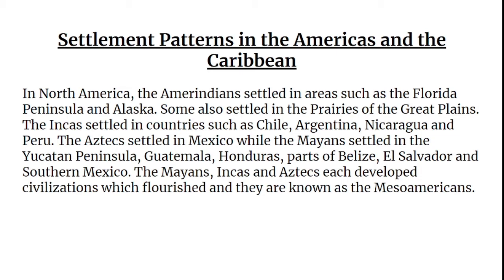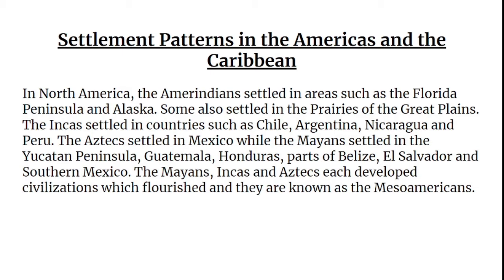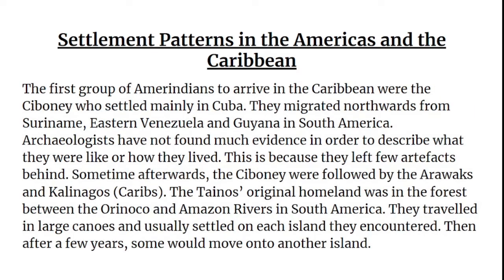Right? So the first group of Americans to arrive in the Caribbean. So remember, all these ones we just mentioned were mostly settled on the land masses, so North America, South America. The first group of Americans to arrive in the Caribbean were the Ciboney, right? They settled in Cuba.